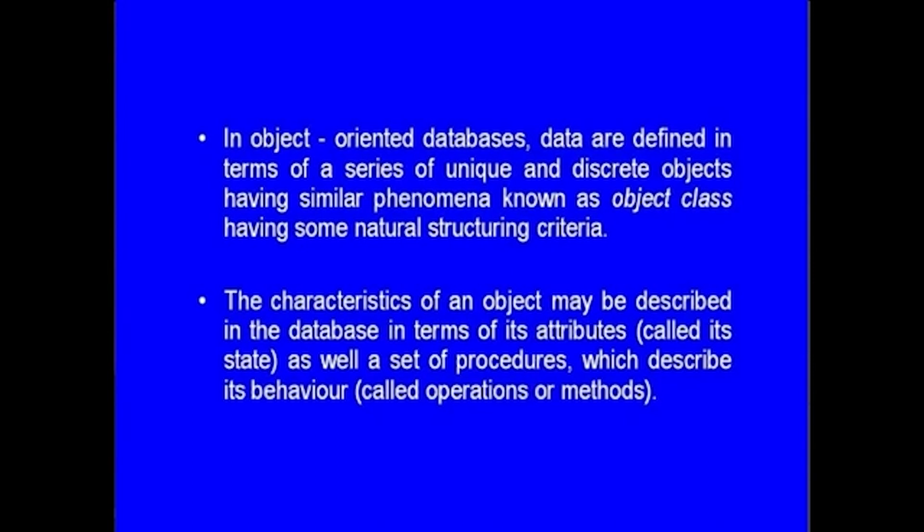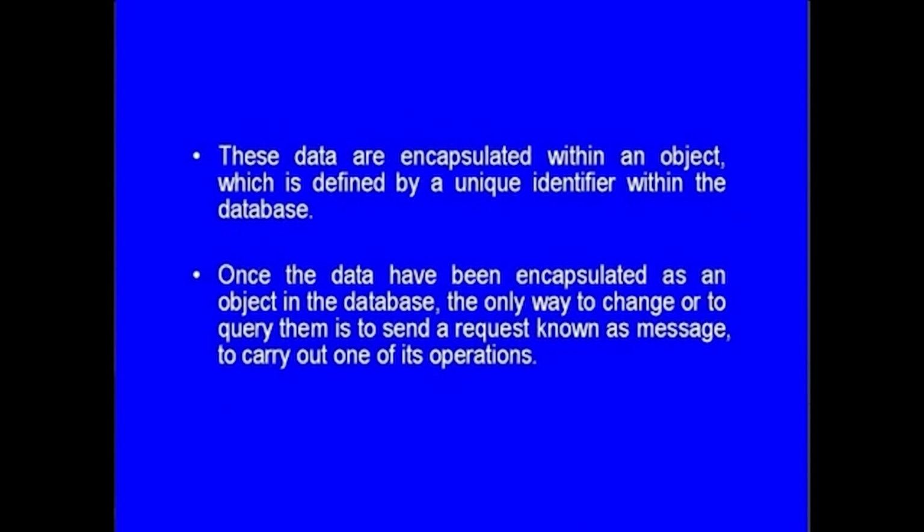The characteristics of an object may be described in the database in terms of its attributes, called its state, as well as a set of procedures which describe its behavior, called operation or methods. These data are encapsulated within an object, which is defined by a unique identifier within the database.